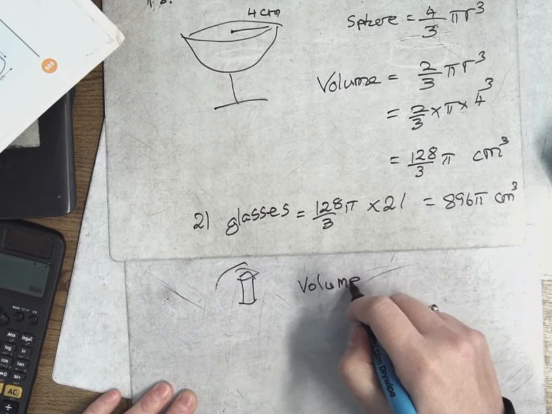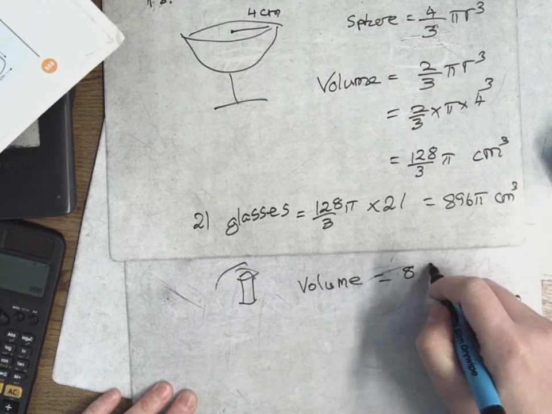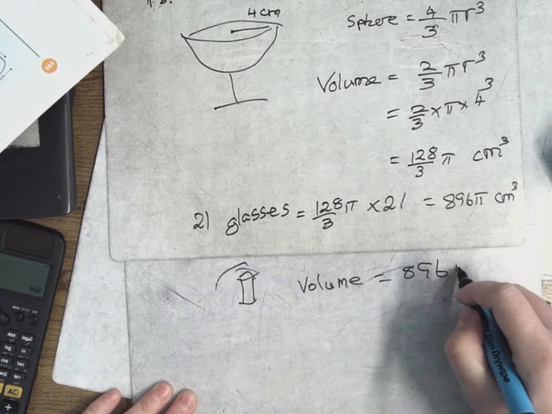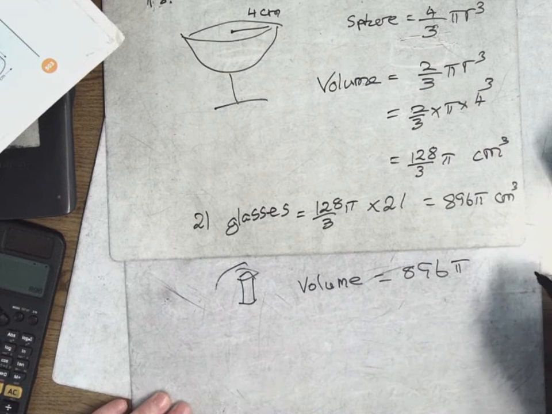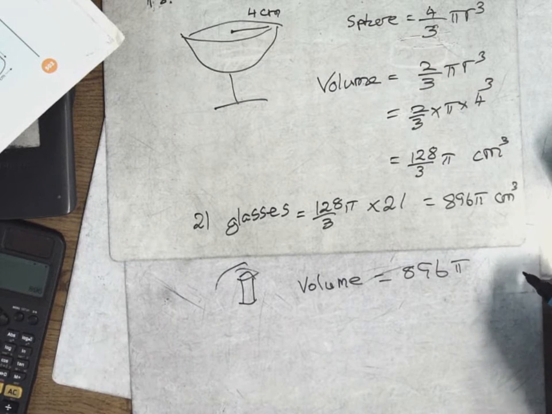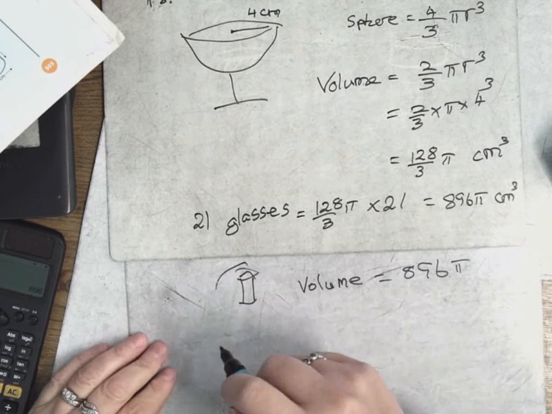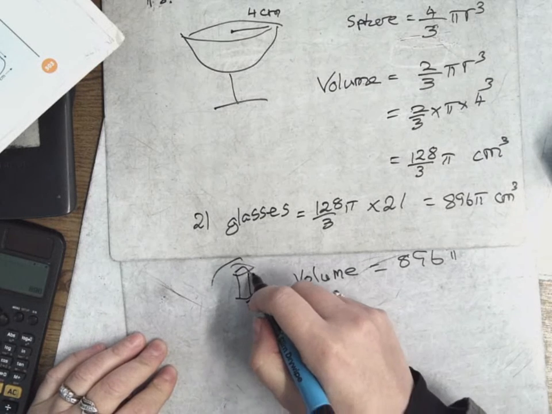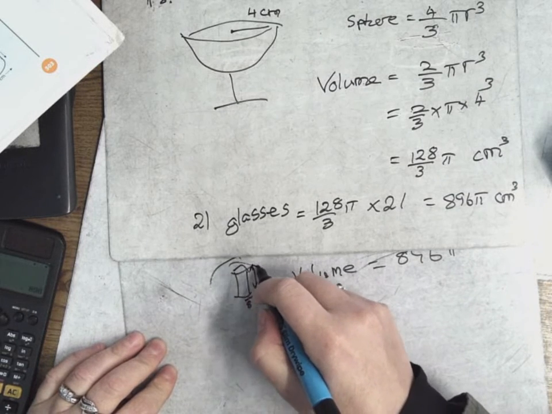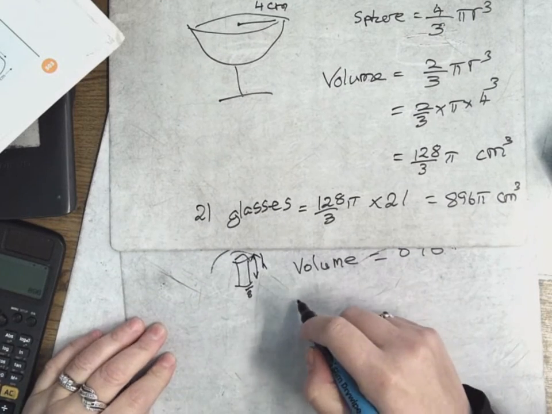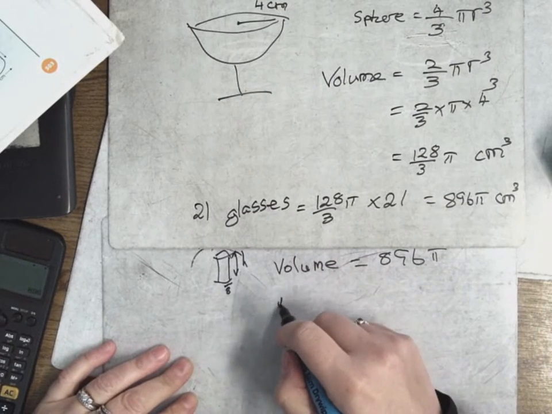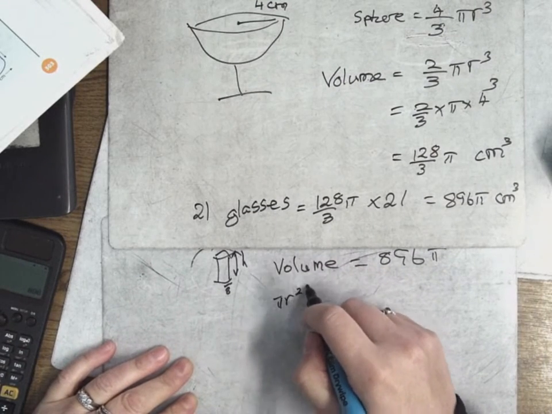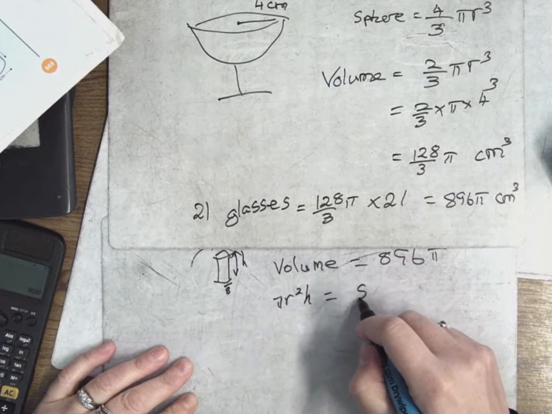So the volume of this cylinder is 896 pi. Then they tell me the radius at the base is 8 centimeters. Find its height, so we're looking for h. Go to your log tables, get the formula for the volume of the cylinder: pi r squared h is equal to 896 pi.